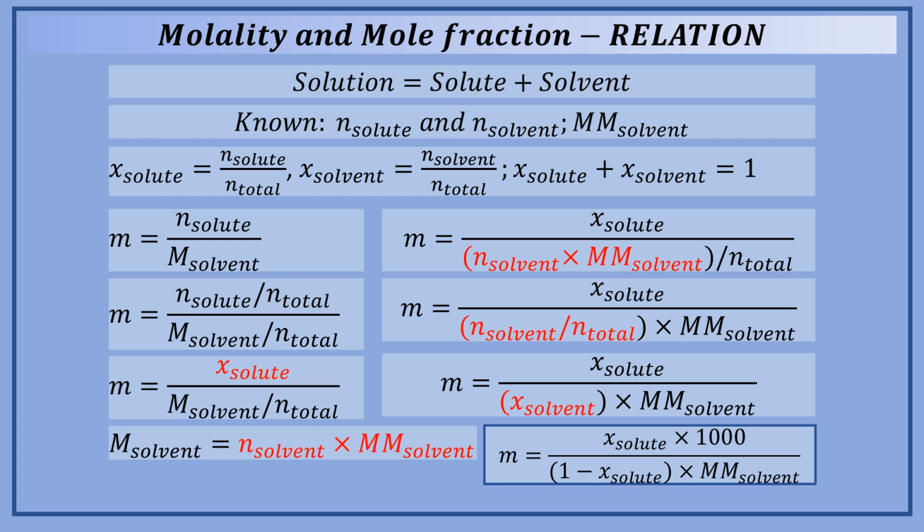So there will be a conversion factor of 1000 introduced. So our final expression will be molality equals x solute upon 1 minus x solute times 1000 upon molar mass of solvent. With this entire relationship, we can relate molality and mole fraction of solute.